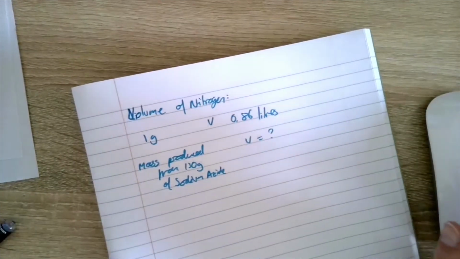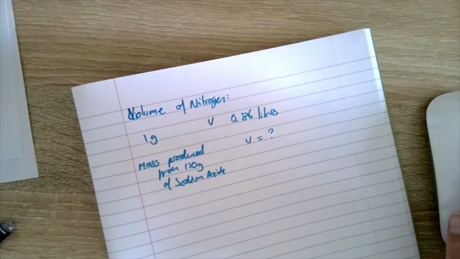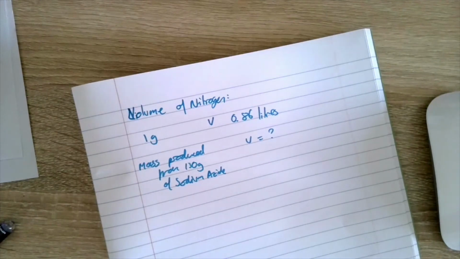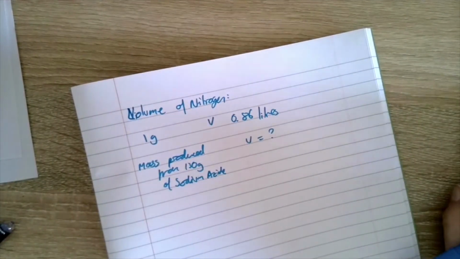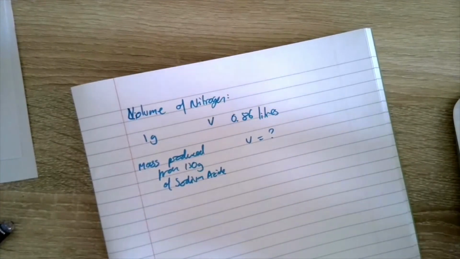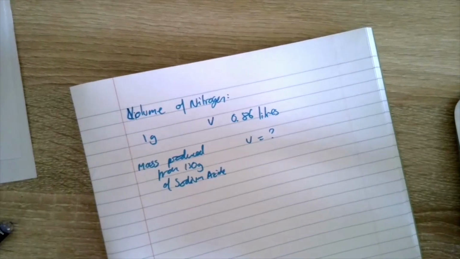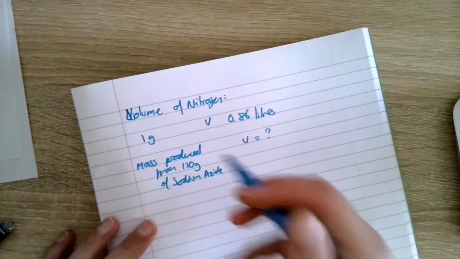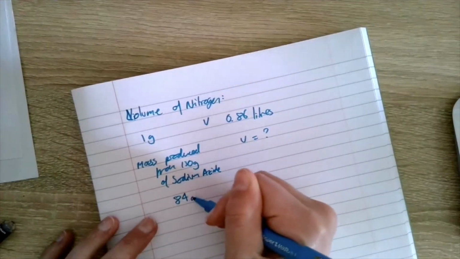They've given us a mass of 80 grams if you hadn't been able to work out what the answer for the previous question was. However, our mass was, to 2 significant figures, 84 grams.